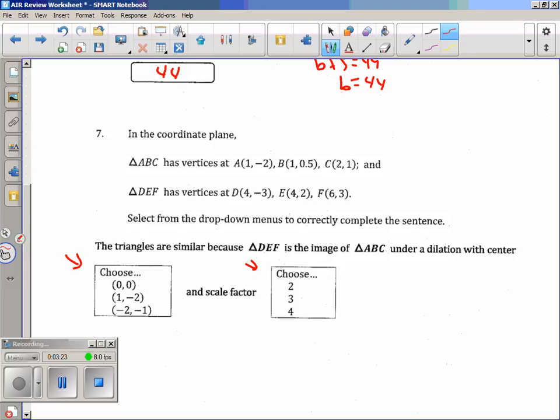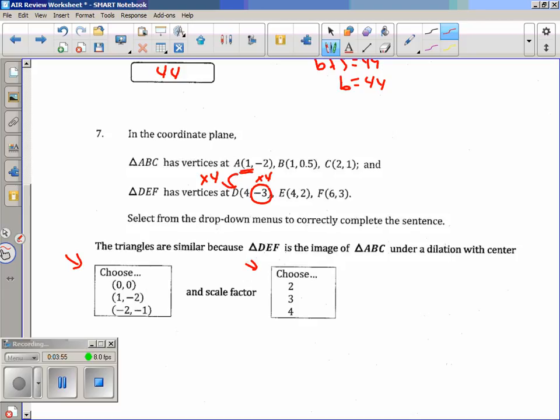Well, if we choose 0, 0, that means we take any particular x, how far it is from 0, and any particular y, how far it is from 0. If we choose 0, 0, this is 1 away from 0. To get to 4, I have to multiply by 4. So my x is 1, and to get to 4, I have to multiply by 4. But if I multiply by 4 here, that doesn't give me the negative 3.